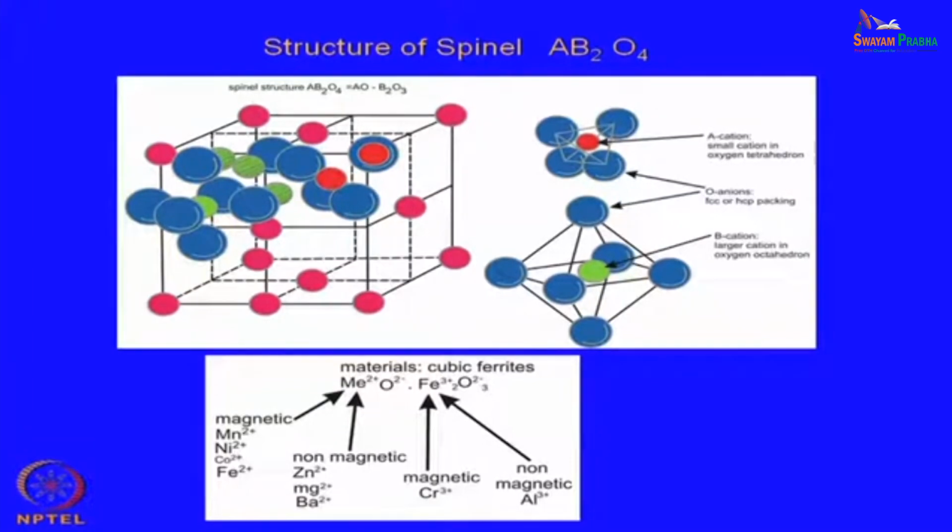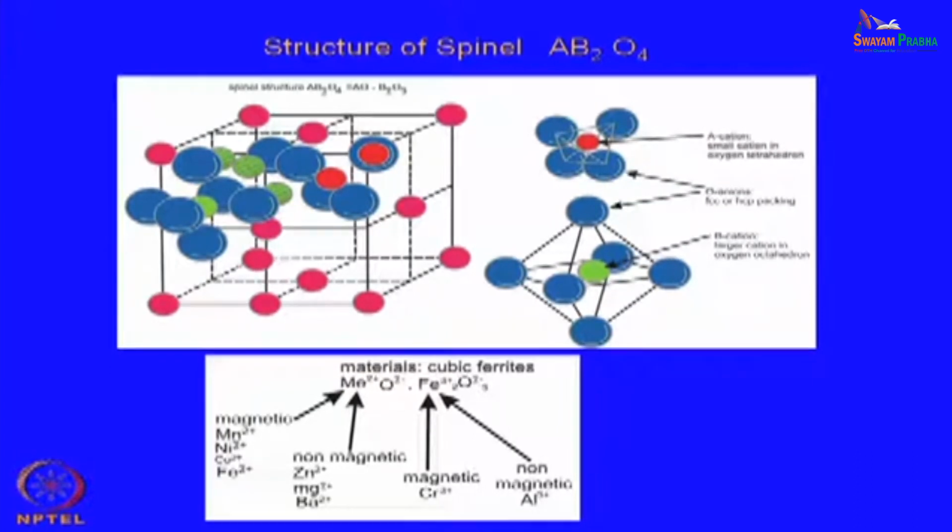So, once again coming back to the description, here both octahedral and tetrahedral sites are partly occupied, not fully, and the A cation, in this case the magnesium, goes to the tetrahedral site. So, magnesium ion has a 4-fold coordination, whereas aluminum, as we have seen earlier in the case of Al2O3 or the corundum structure, has a 6-fold coordination.